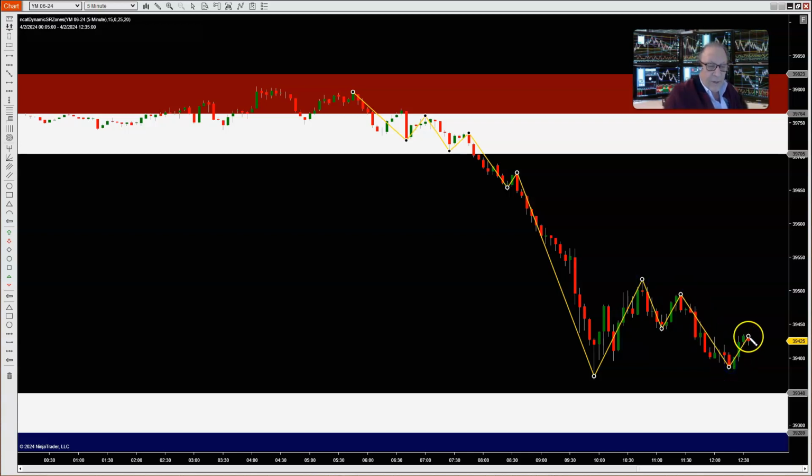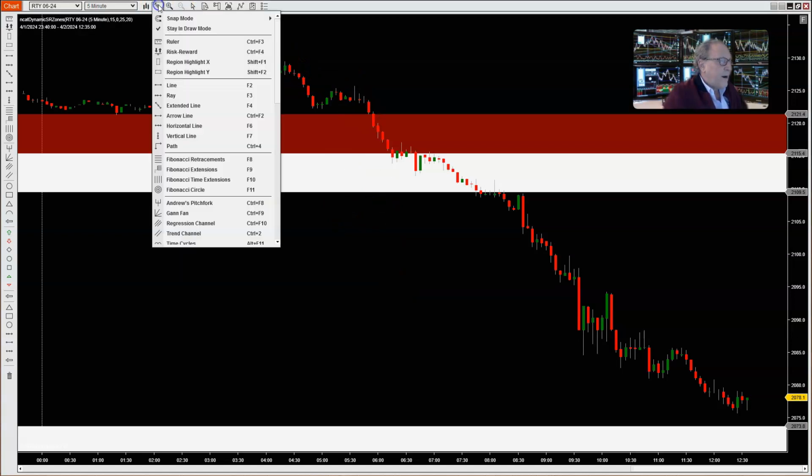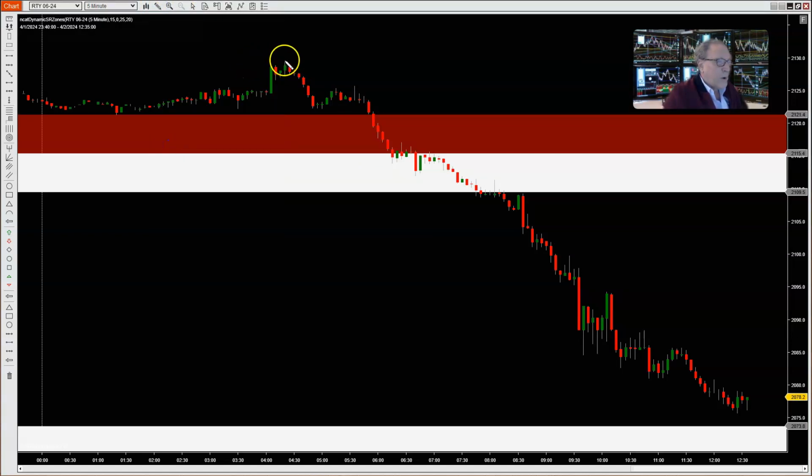So we'll head down, and we are still in a downtrend. If we break through this lower high, then there's a good chance we're going to work our way right up to this resistance area in the afternoon session. And finally, we've got the Russell, and we are just on a tear to the downside as well.